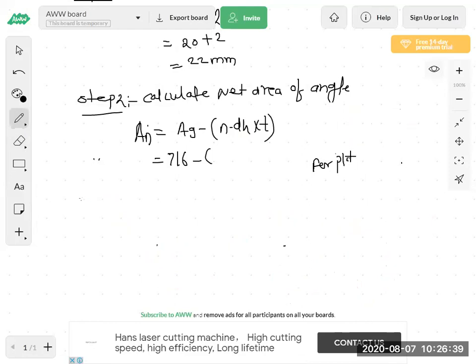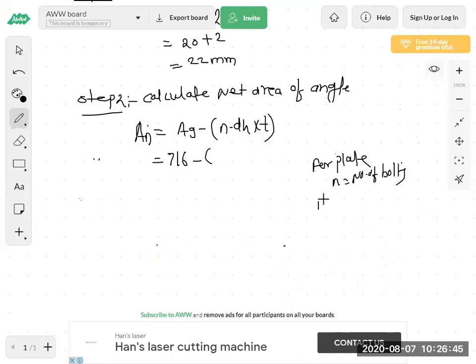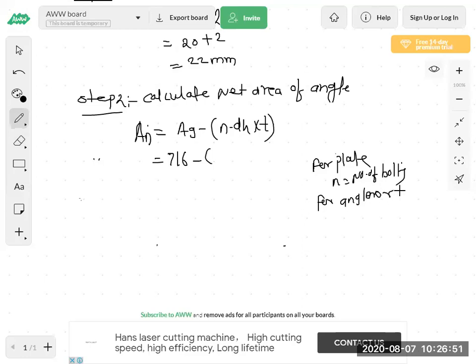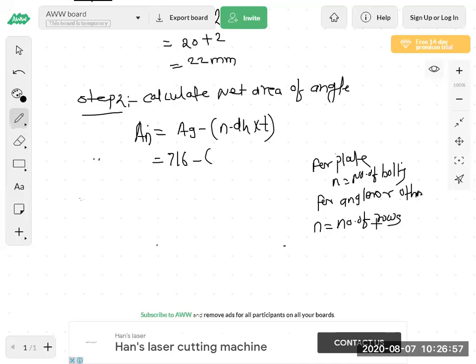For plate, n is equal to number of bolts, and for angle or other sections, n is equal to number of rows. So keep that in mind. Please write this at the top of your notebook.